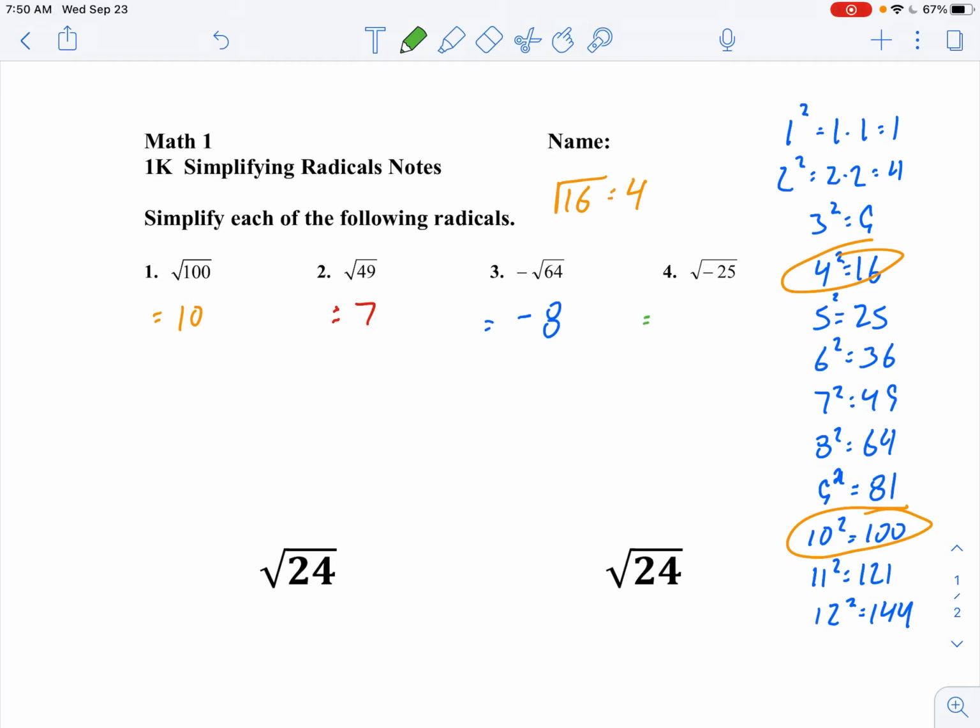So we are going to say that the square root of a negative number does not exist. They did come up with something later called imaginary numbers because they did need solutions to these equations, but for all intents and purposes right now, we're going to say the square root of a negative number does not exist.